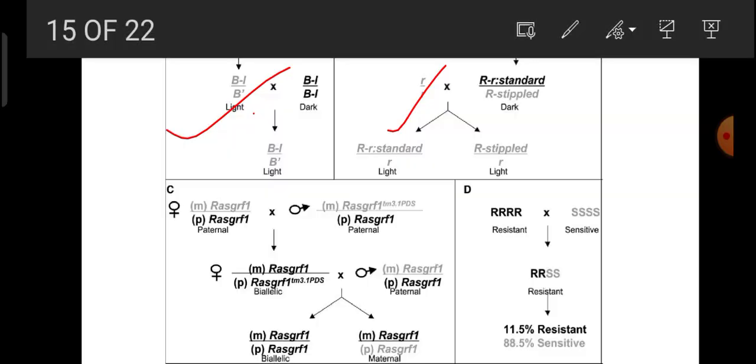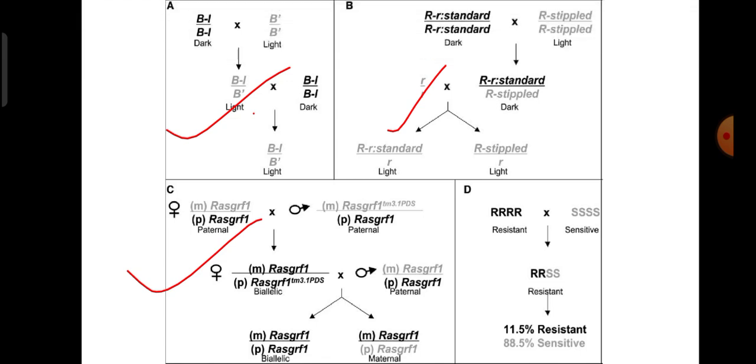Okay, this is the example where the paternal two characters are crossed, then biallelic F1 is obtained, and again when it is backcrossed with the paternal one, what will you get? You will get segregation in biallelic and maternal. That means the two paternal characters are activating the maternal character.